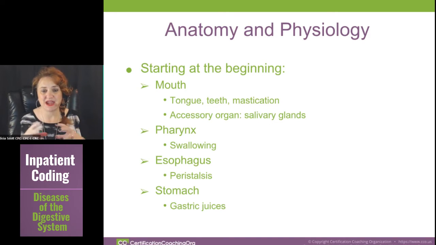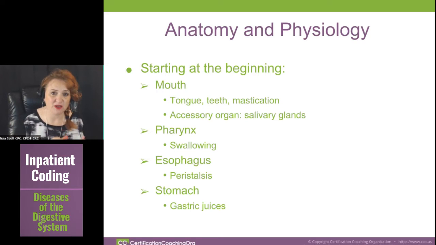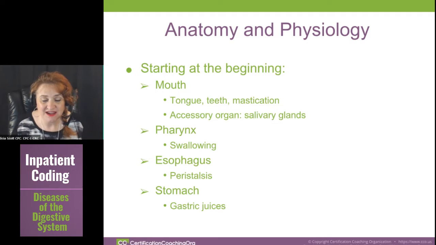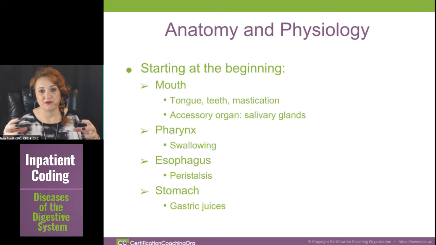So it breaks it down into a smaller, liquefies it more or less, or turns it into kind of like a sludgy material, a soupy material. And those gastric juices that are in there break that down so that when it goes through the pyloric sphincter and gets into the first part of the small intestine, then it can be processed to absorb the nutrients.